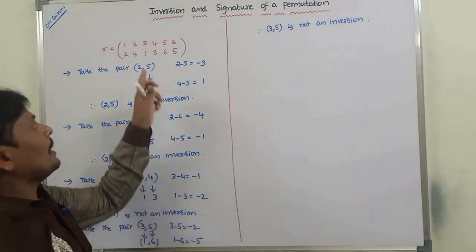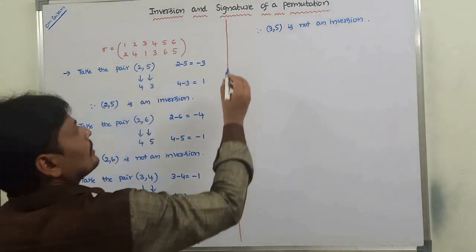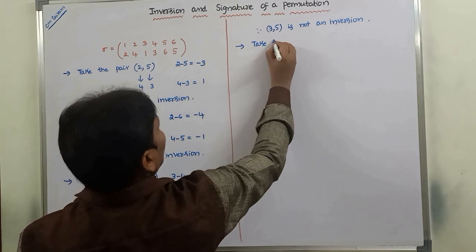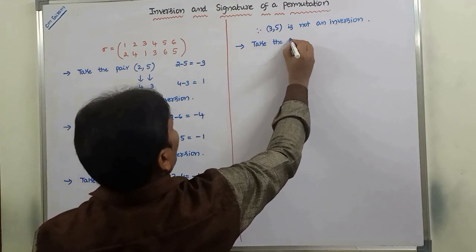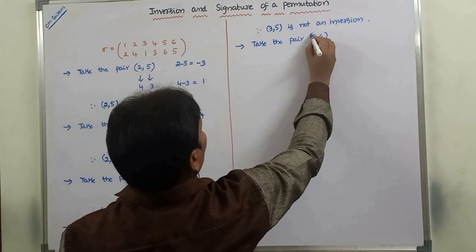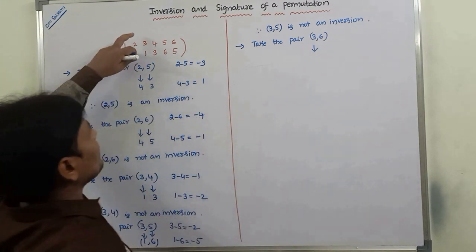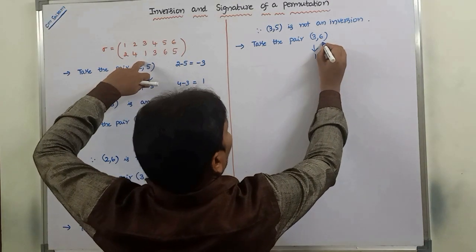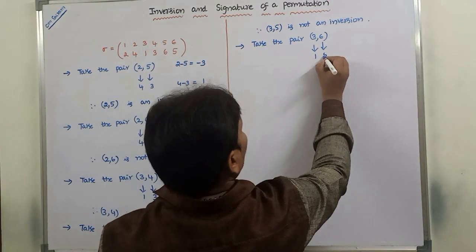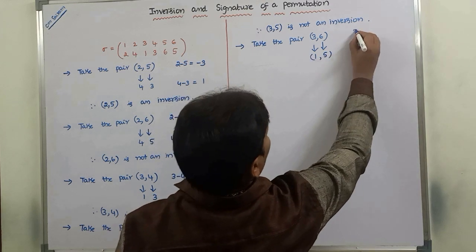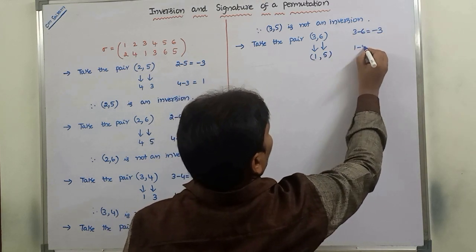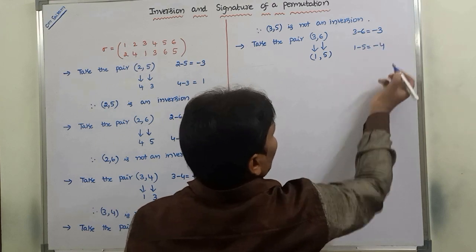Okay. Last one 3, 6. Take the pair 3, 6. 3 image is 1 and 6 image is 5. Okay. The difference is 3 minus 6 is equal to minus 3. 1 minus 5 is equal to minus 4.